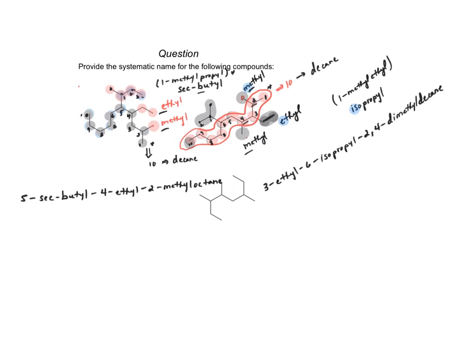What did I... Man, this other one, this is not good. I'm sure you've already gotten mad at me and yelled at the screen at this point. This parent over here was also decane, but for some reason I called it octane. So my bad. We'll erase that. This is not octane. This is decane.